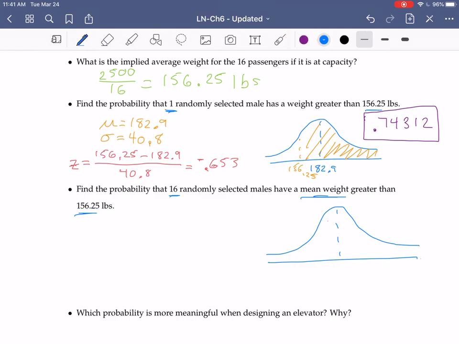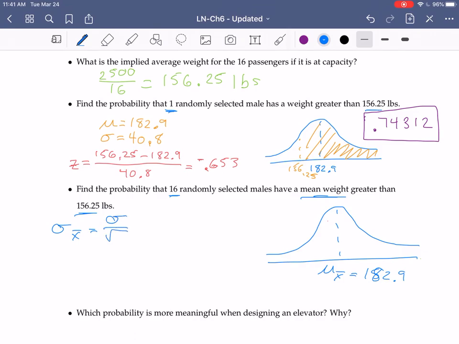And so when we take a look at that, we're going to look here. Our mean of the means is equal to the mean of the individuals. It's still 182.9, but the standard deviation of the means is not the same as the original standard deviation.